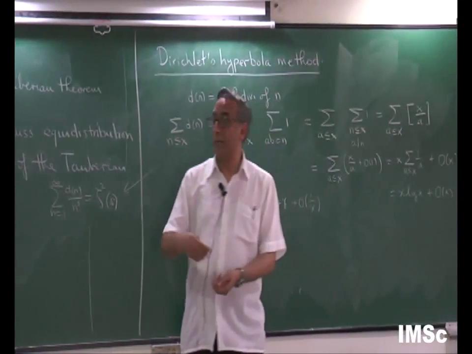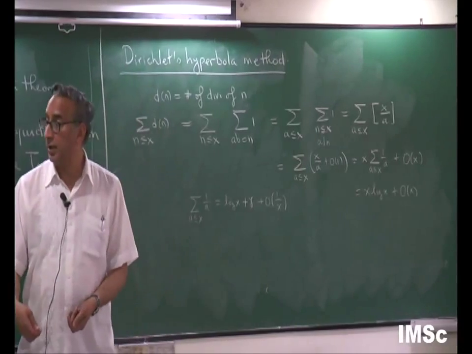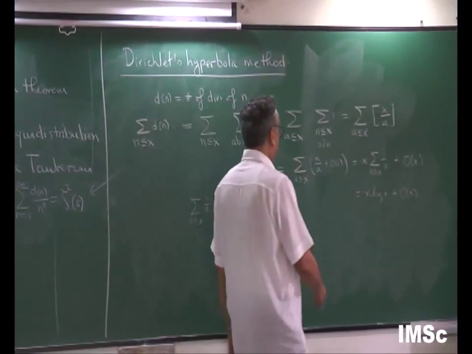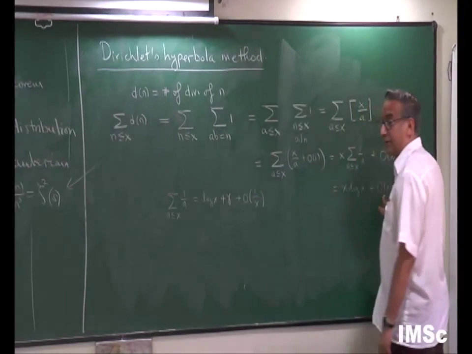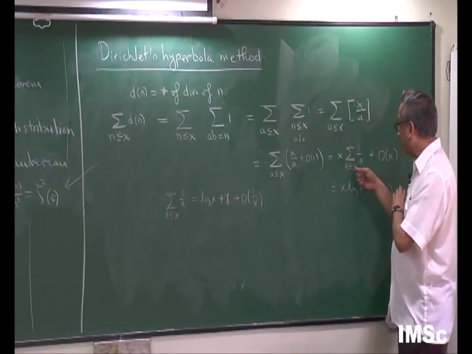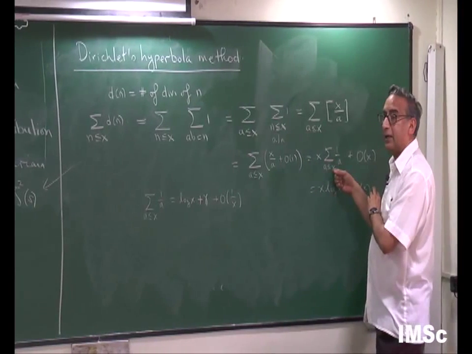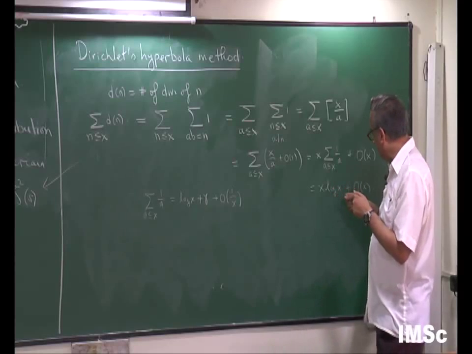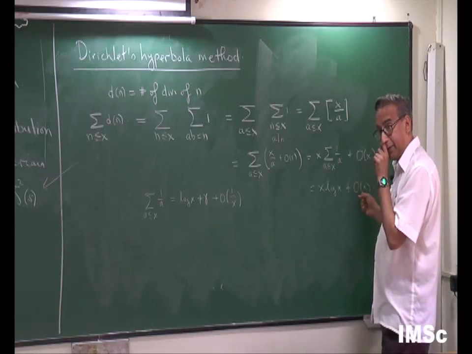Remember, for every extra pole beyond 1, you pick up a log x. Okay, so you'll pick up this, and of course you won't pick up this error term. You'll just pick up an asymptotic formula from the Tauberian theorem. So at least this much, this naive elementary method is better than the Tauberian theorem in the context that you actually have an error term here.